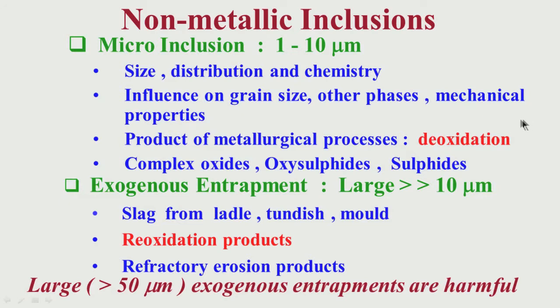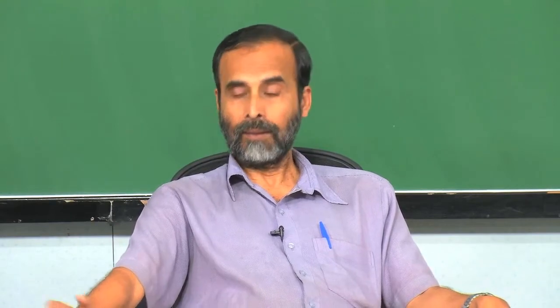They might influence the mechanical properties: they might increase the strength, they might decrease the toughness and ductility. Other properties like creep might also be affected in the presence of inclusions. We will take up these mechanical properties later on.